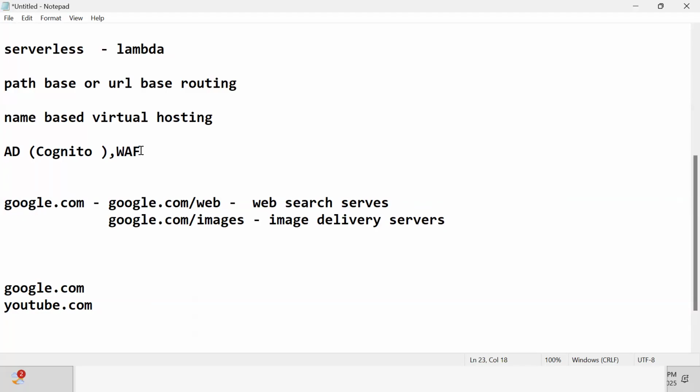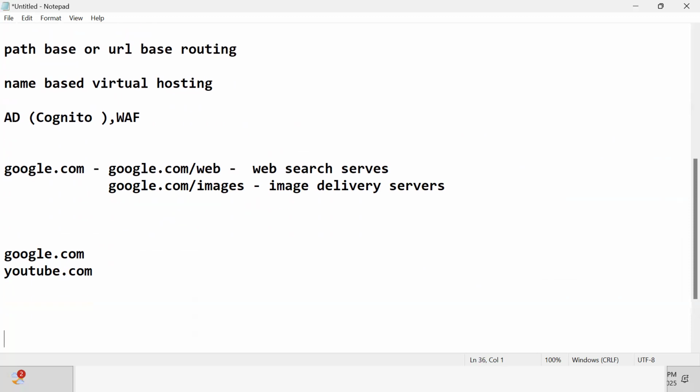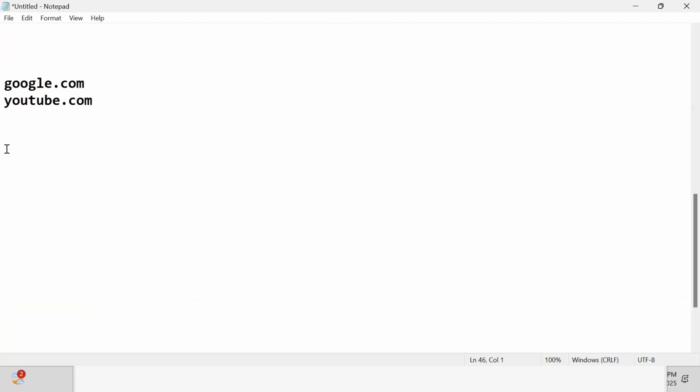With which load balancer can we integrate web application firewall? Application load balancer. Coming back to network load balancer, it works at layer 4.